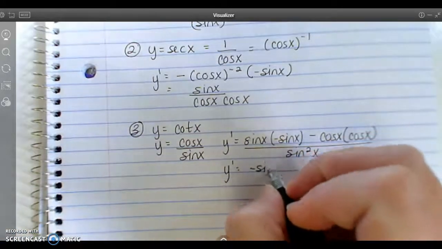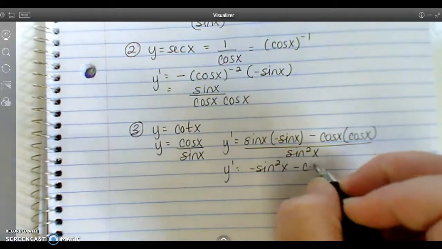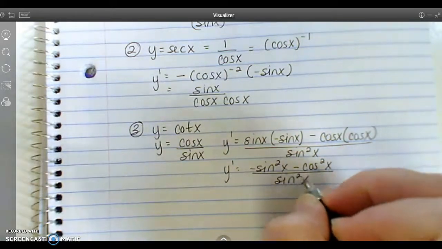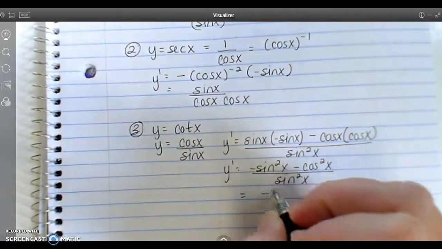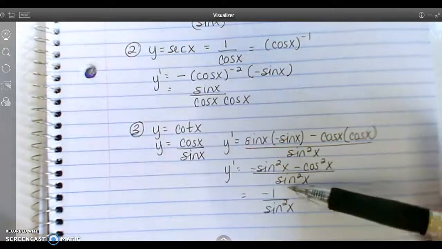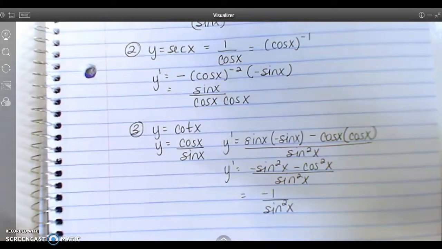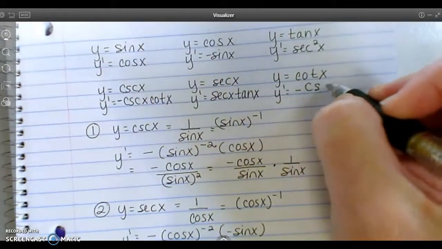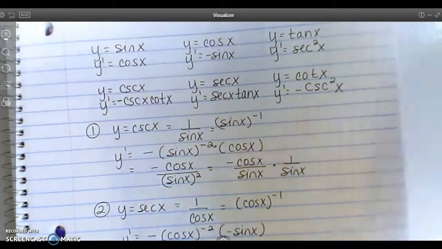This is negative sine squared of x minus cosine squared of x. You can factor out that negative 1 on top if you want to get sine squared of x plus cosine squared of x, which comes out to be negative 1. And then negative 1 over sine squared of x is the same as negative cosecant squared of x.